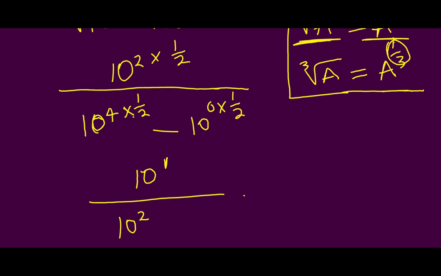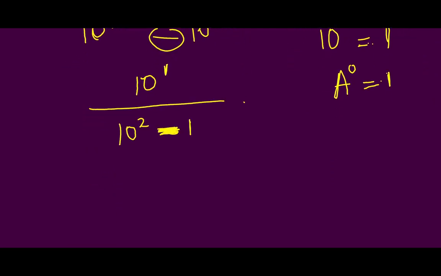And then we know that anything to exponent 0 is 1. This is the rule. So here 10 to exponent 0, we get a 1. No, sorry, it's minus. So it's minus 1.